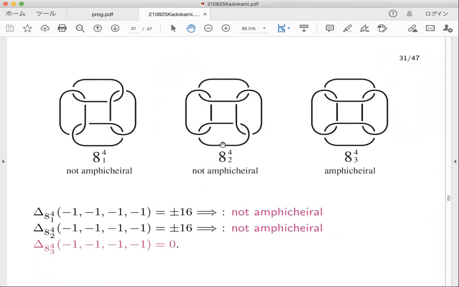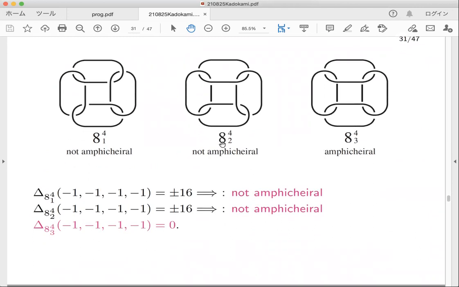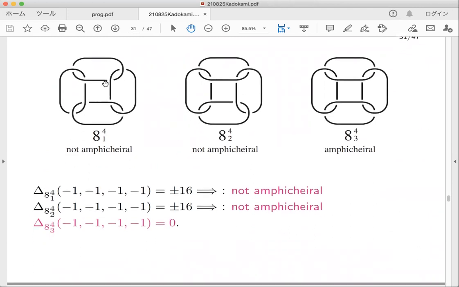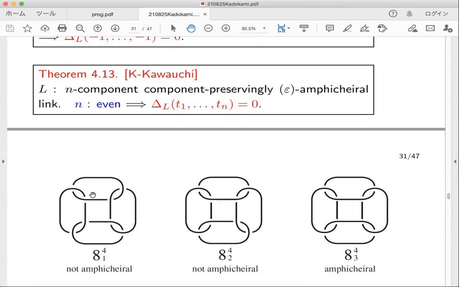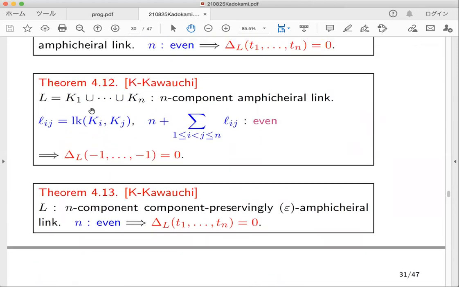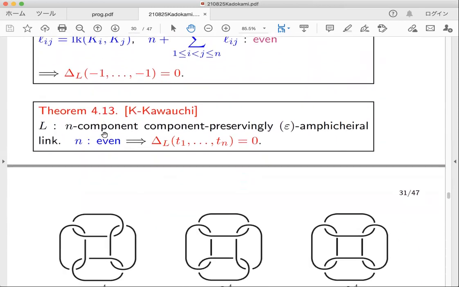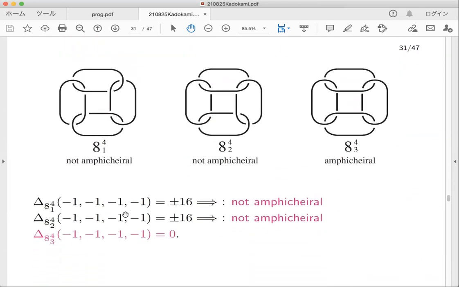Yes, we can apply this to detect Amphicheirality of these three links. Yes, we apply this theorem for these. The Alexander polynomial of the first link 8_14 substituting minus 1 equals plus minus 16.